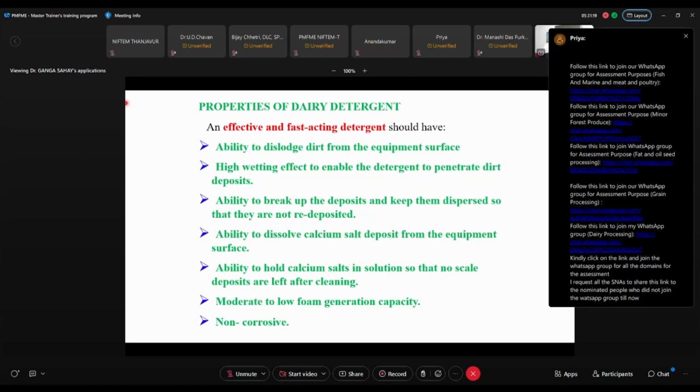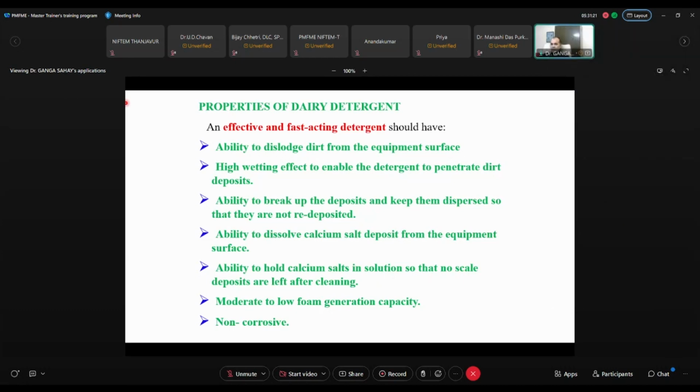Okay, and it should have moderate to low foam generation capacity, and it should be non-corrosive. So you can see these are some of the common properties we should have in all the detergents.